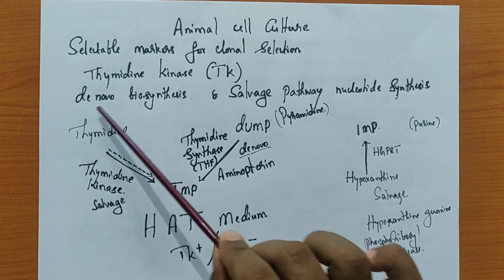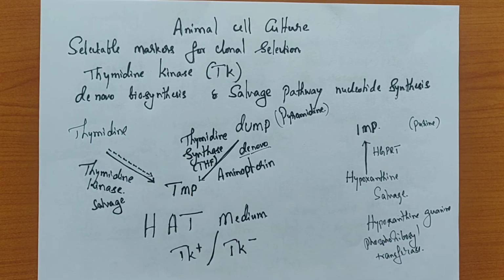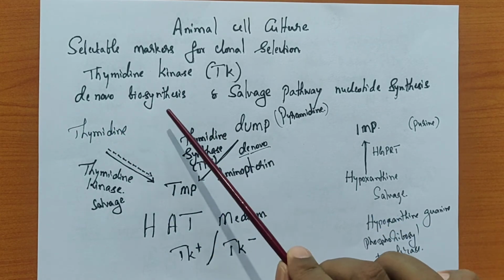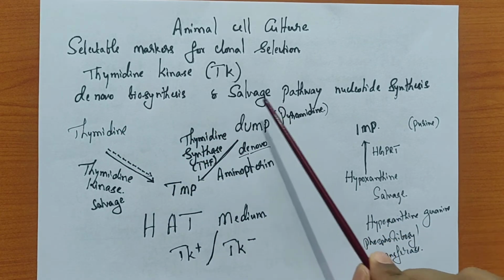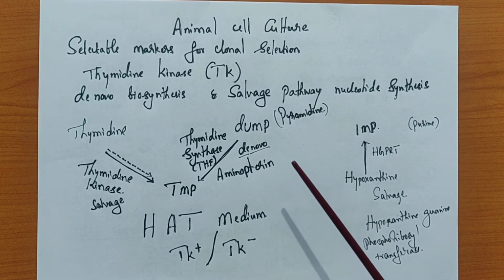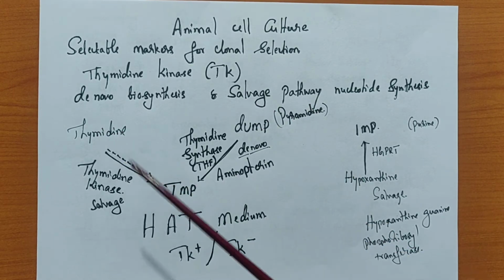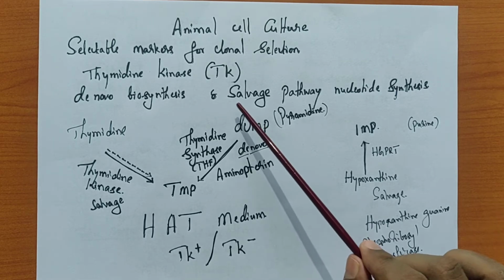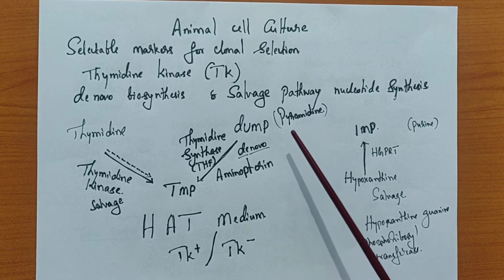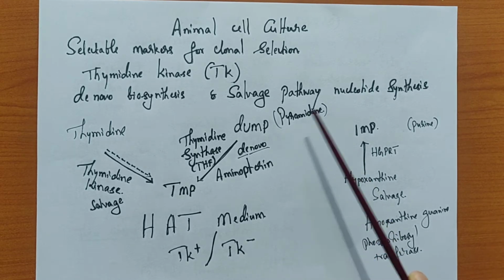One is de novo biosynthesis. And if the de novo biosynthesis is not functional, since it is very critical, we also have what is known as the salvage pathway. So we are going to exploit the de novo biosynthesis and the salvage pathway. Now we have an example for the pyrimidine nucleotide.